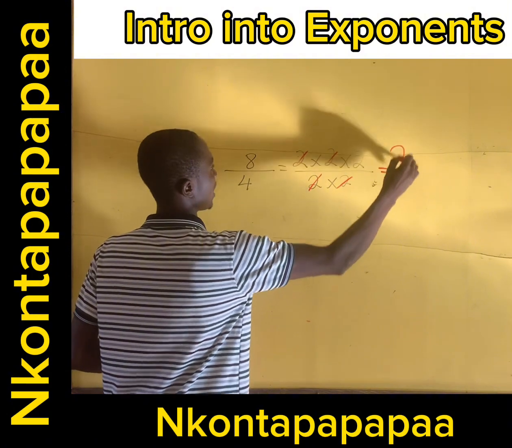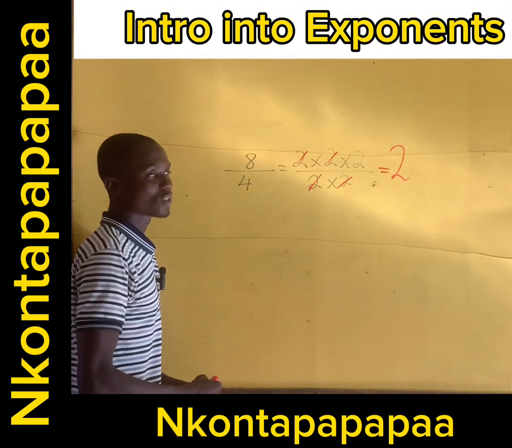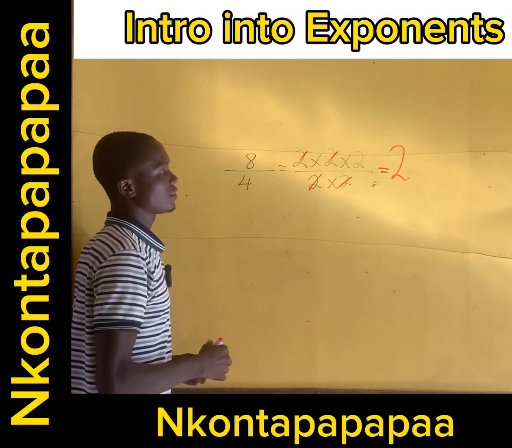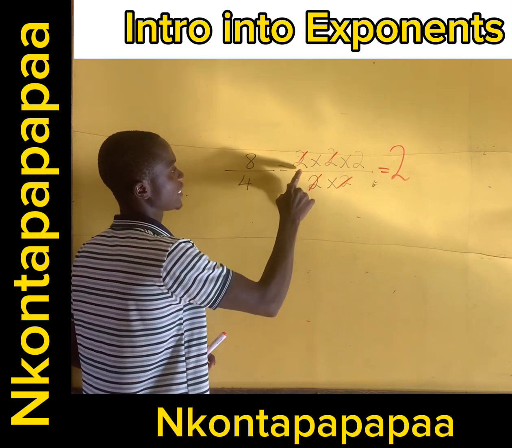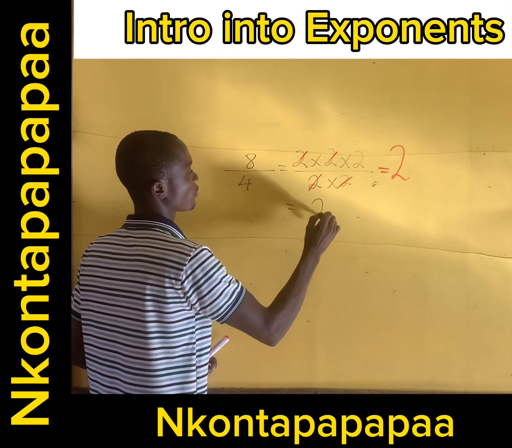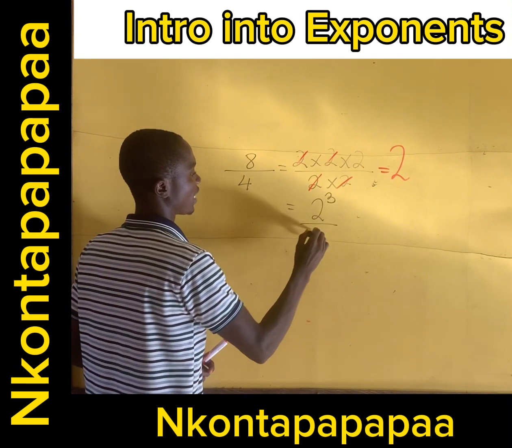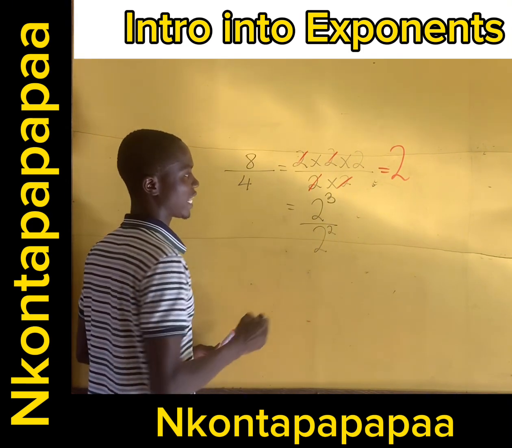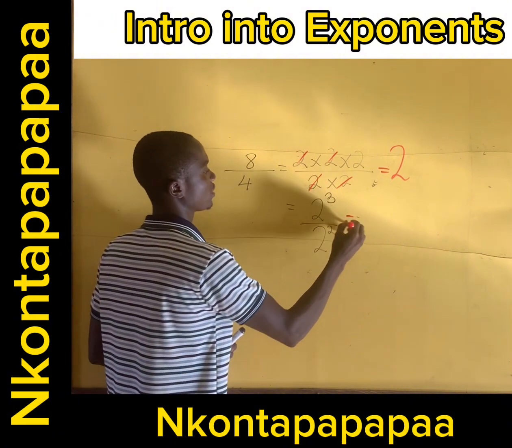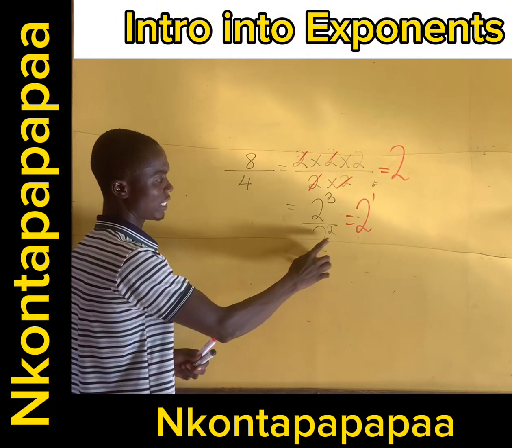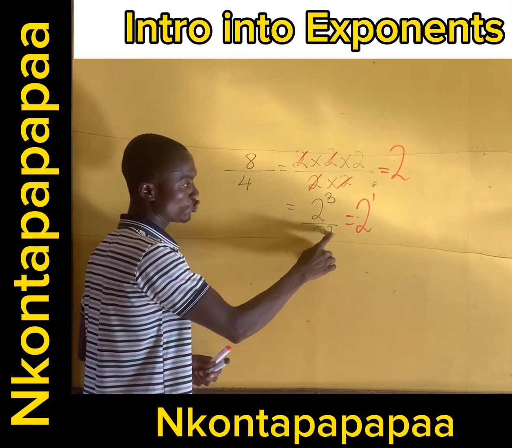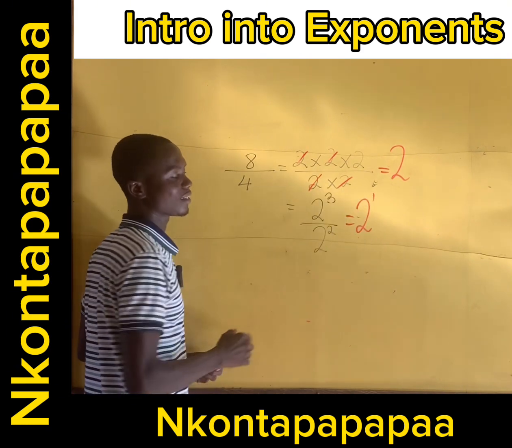And we will eventually have 2. Wow. So what does this imply? You see that this is 1, 2, 3, that is 2 multiplying itself 3 times, divided by 2 multiplying itself 2 times. And we are having 2 power 1. So it means that if we take this 2 from this 3, we get power 1.